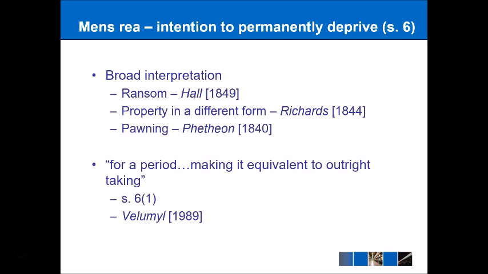And so we can see that the property is essentially either come back in a different form, or the period for which the person's taken it has made it equivalent to outright taking. In essence, the ticket is now useless, and so despite the fact that there isn't an intention to permanently deprive, it's essentially the same thing, and it's important to be able to still convict someone of theft in those circumstances. And there we have it.